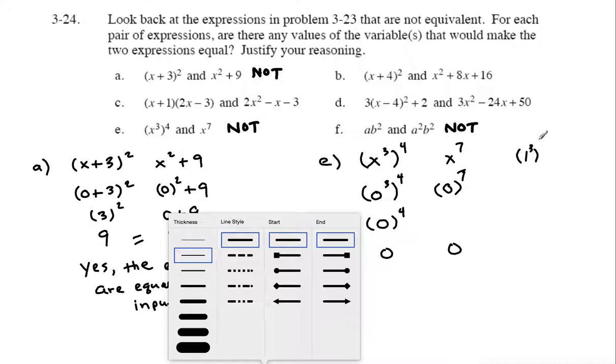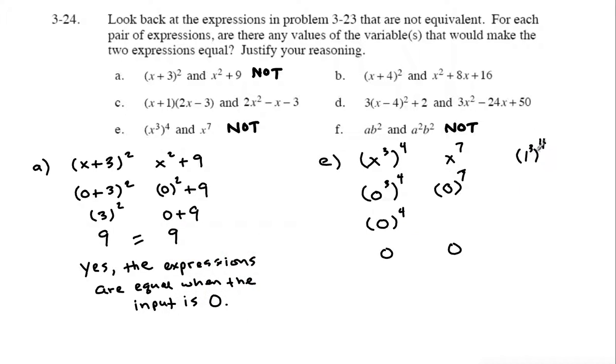So we have 1 to the third is going to be 1, and then we raise it to the fourth power, so that would give us 1. And we know that 1 to the seventh power is still going to be 1. So in this case, yes, the expressions are equal when the input is going to be 0 or 1.